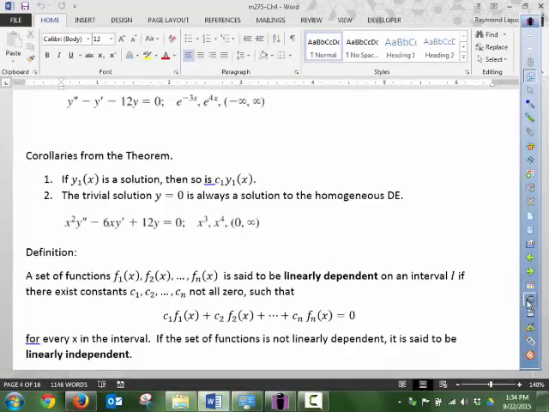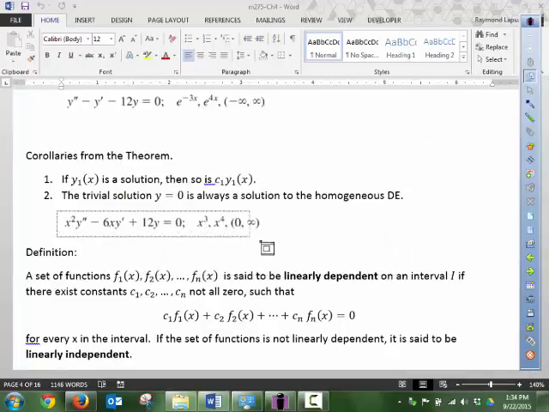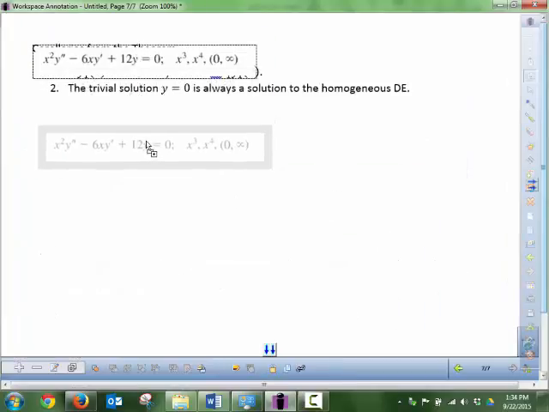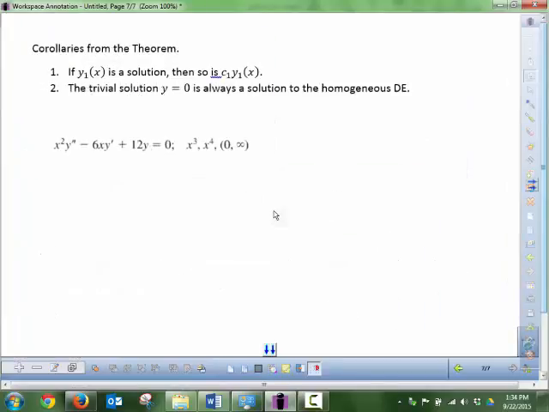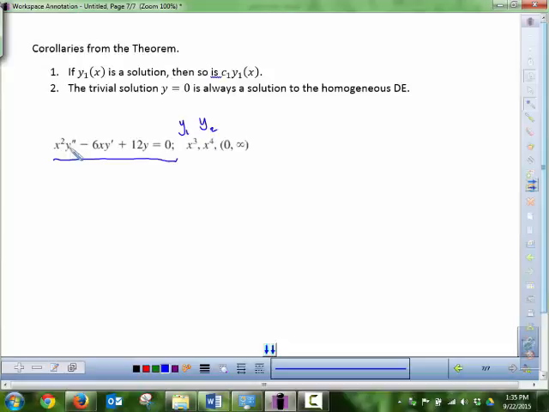So if we look at this example here, you have your homogeneous differential equation, and you have your y1 and your y2. This is a second order, so we should expect two solutions.